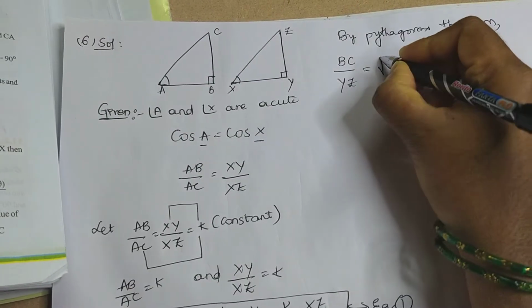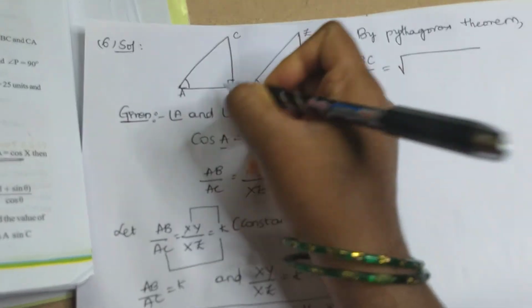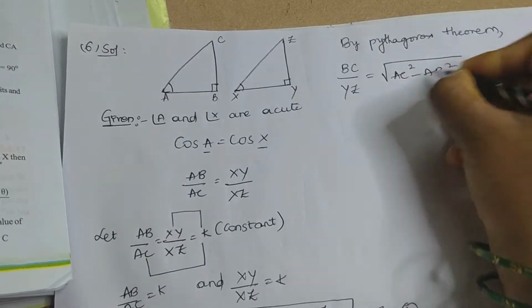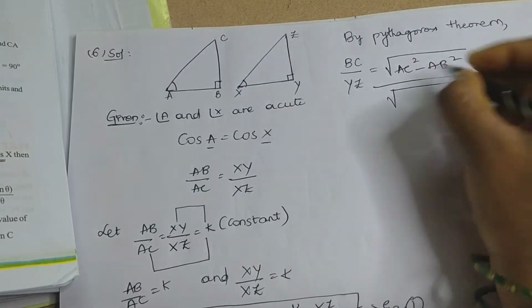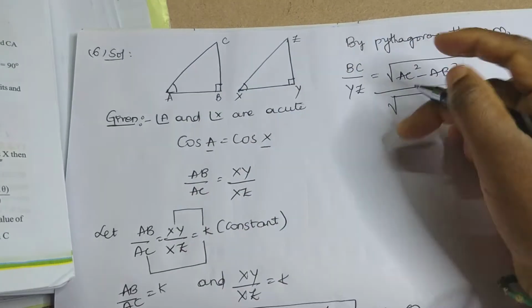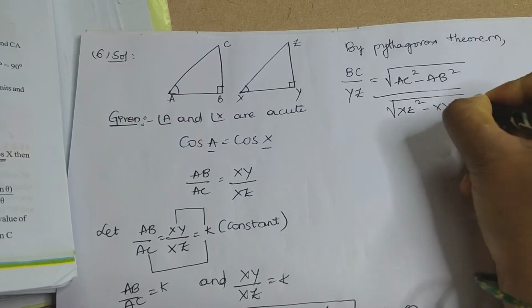Correct? So that can be written as BC equals square root of AC square minus AB square. In the same way, YZ can be written as square root of XZ square minus XY square. Correct?